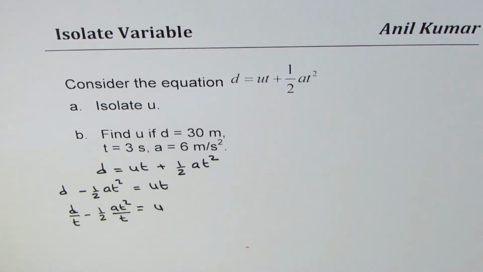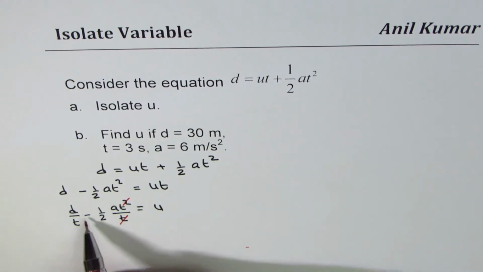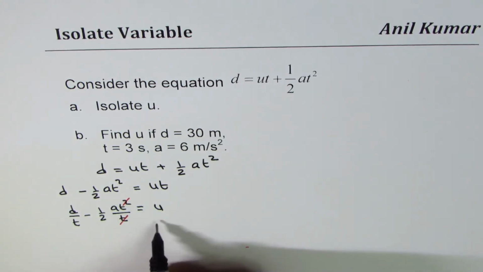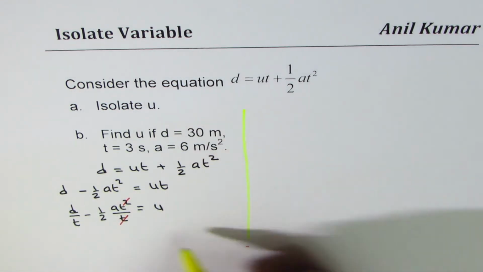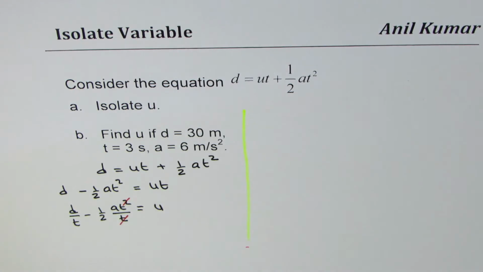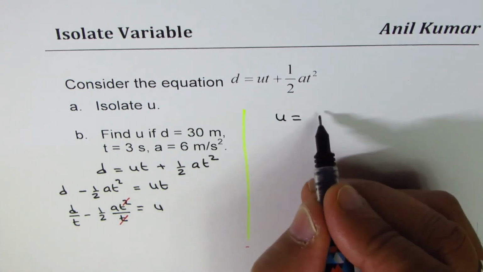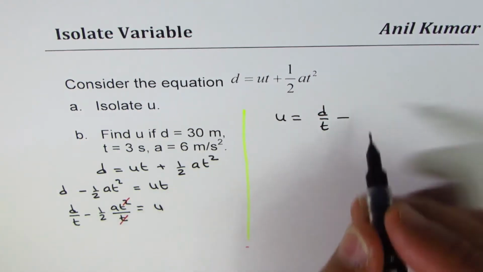Now here you can see that t gets cancelled. So we get d over t minus at over 2, correct? So let me rewrite this, on the right side, because we'll use this equation for part B. So let's write this as u equals d over t minus at divided by 2.